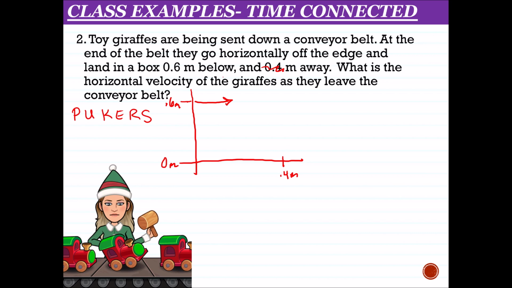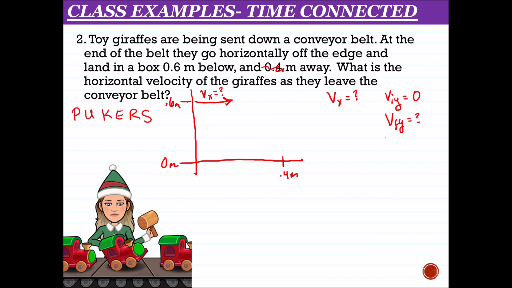What is the horizontal velocity of the giraffes as they leave the conveyor belt? So velocity in the x equals a question mark. Okay, divide your problem into x and y components. Velocity in the x, we don't know. Initial velocity in the y, we do know. It's as if the giraffes are being dropped, so that is 0. Final velocity in the y, we don't know.